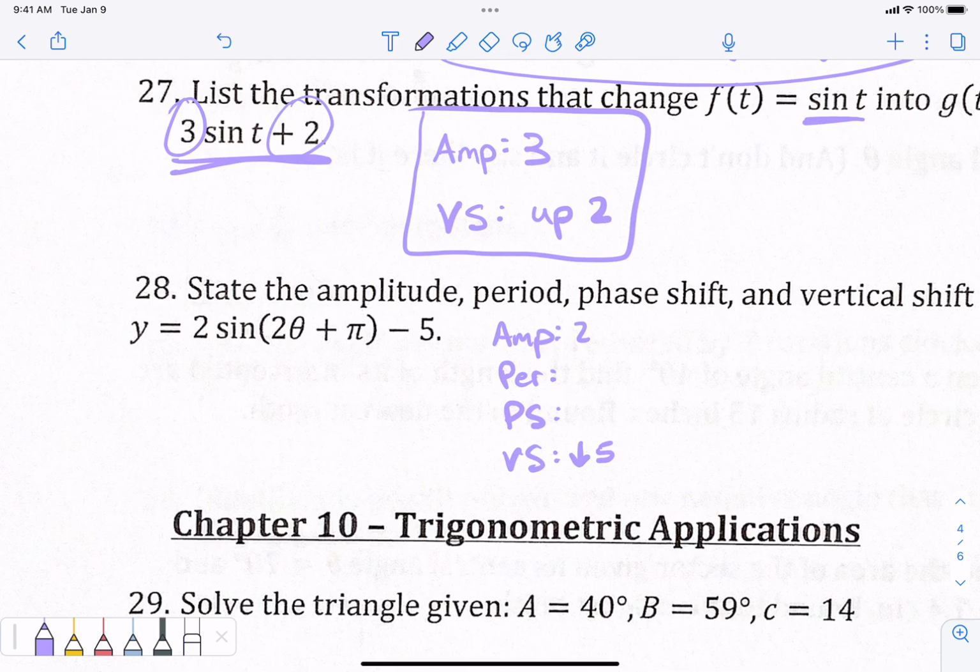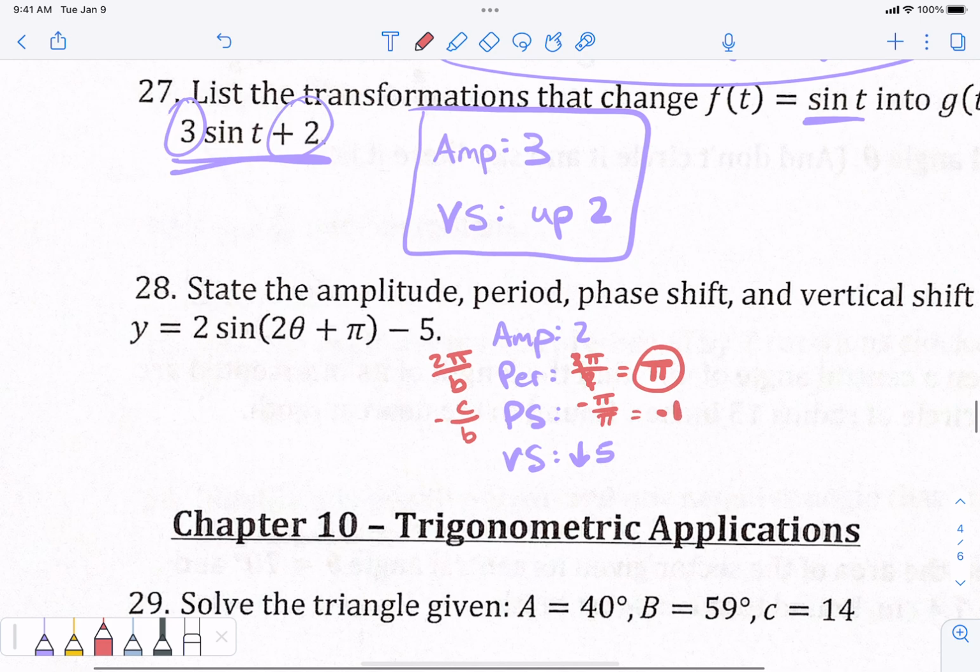Okay. Then period. To do period, it's 2 pi divided by b. What is b? 2. So 2 pi over 2. So the new period is pi, because we canceled it out. Right? The phase shift is negative c over b. Negative pi over b, which we just found was pi... Wait a second.